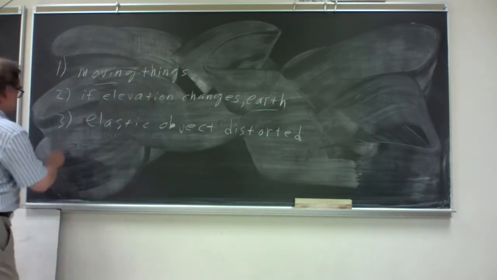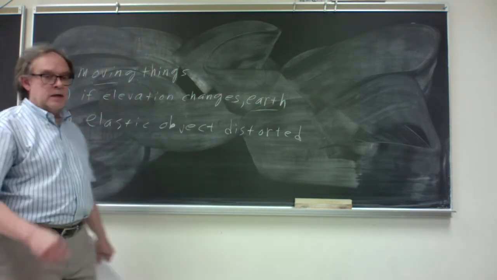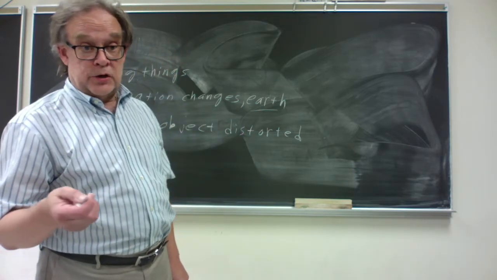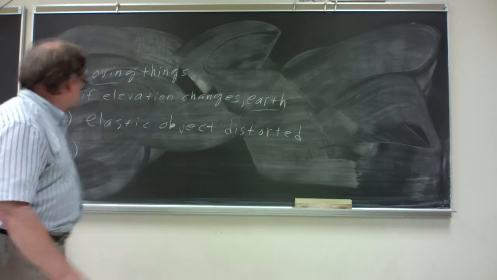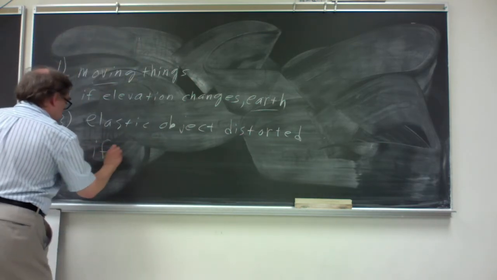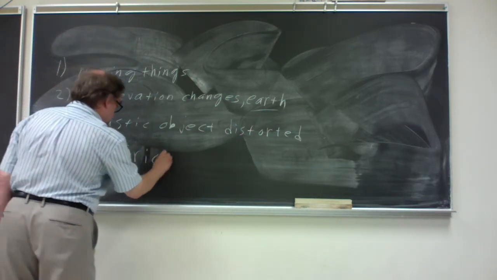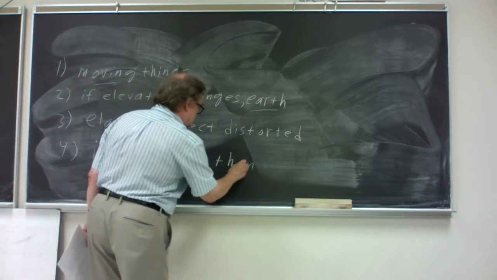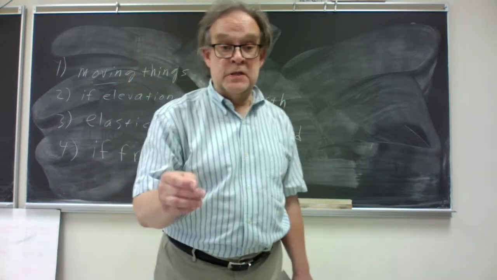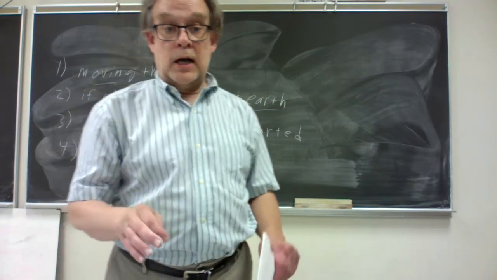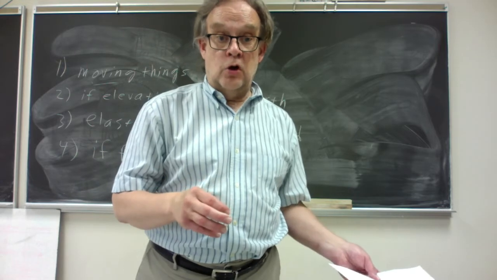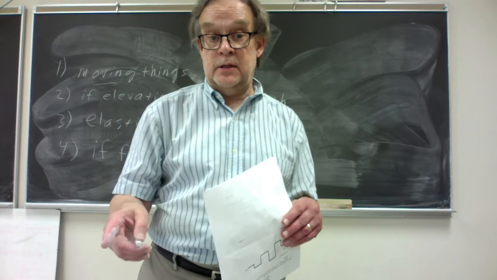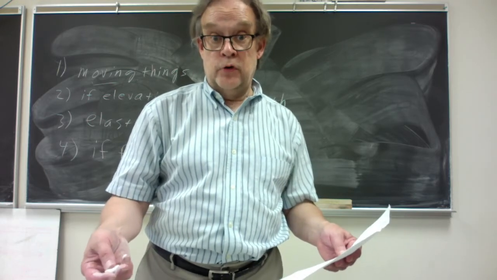Finally, if there is a friction force acting, then you must include, explicitly, all objects that are involved in that friction, everything that feels the friction force and everything that is the source of a friction force.